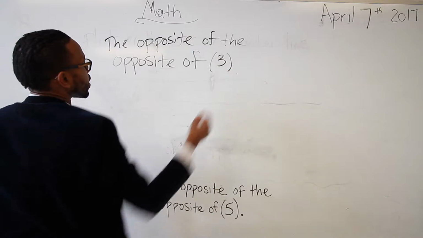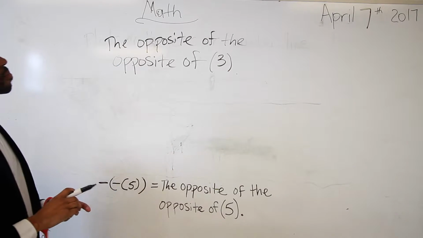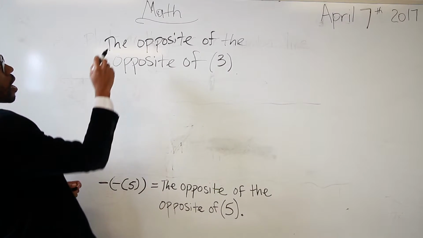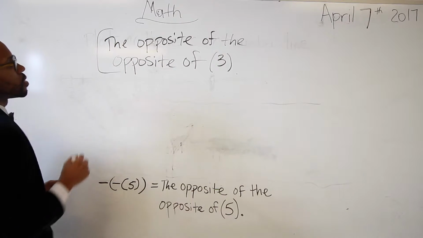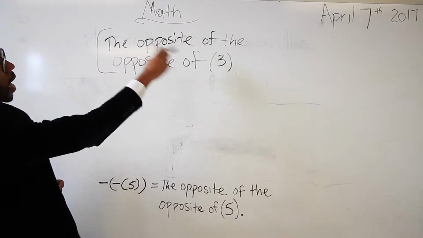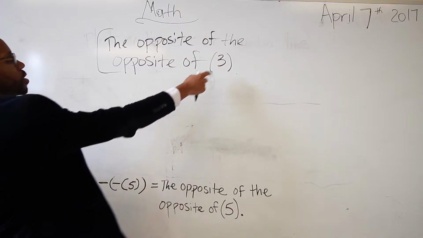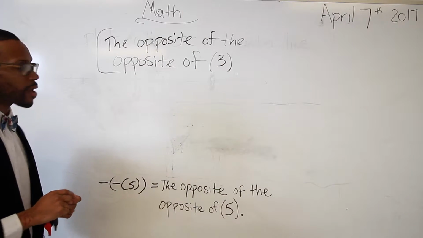All right, so let's say you have a problem on your worksheet that says, I want you to write an equation for this question here. What's the opposite of the opposite of 3? Okay?